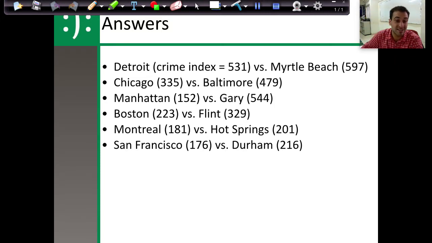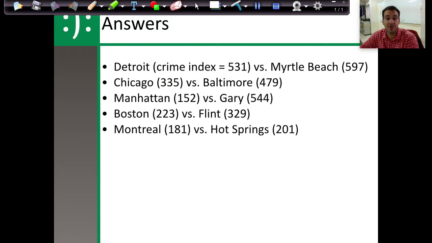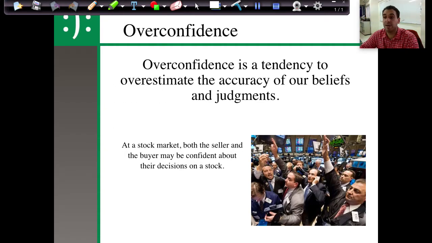Durham versus San Francisco. Just because you hear something, it doesn't necessarily mean that it is more dangerous. People often have exaggerated fear over things that are not that common to actually happen. So we're going to look at some biases now.